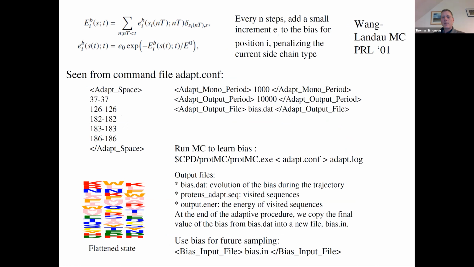The idea is that every so often, every n Monte Carlo steps, we look at a position we want to mutate, say position i, we look at what type it occupies, and then we put into the bias a little increment that penalizes that type. So the bias is constantly trying to penalize the types that it's seeing in the simulation.